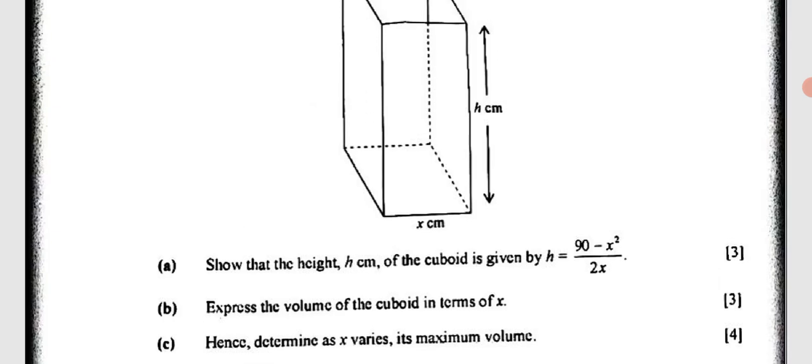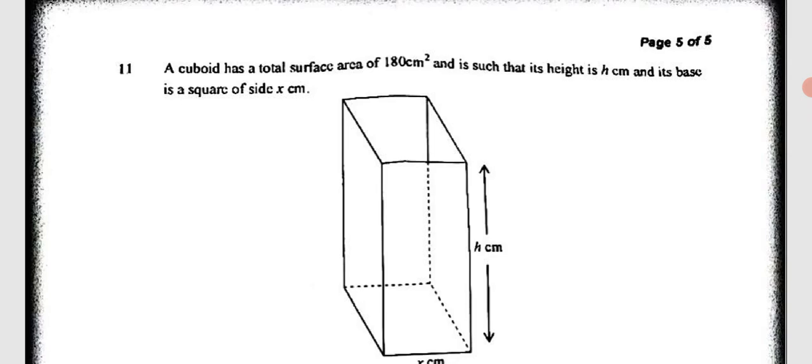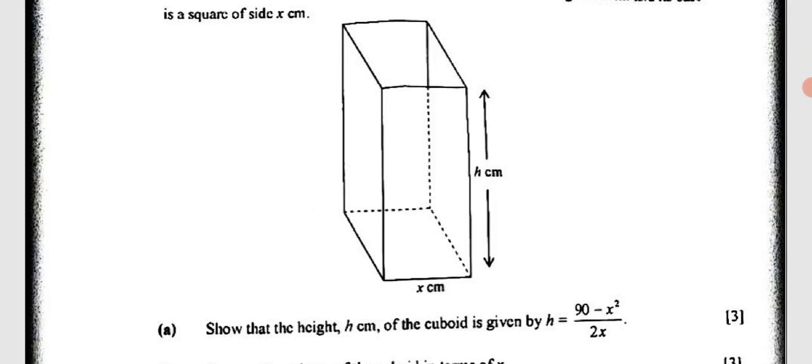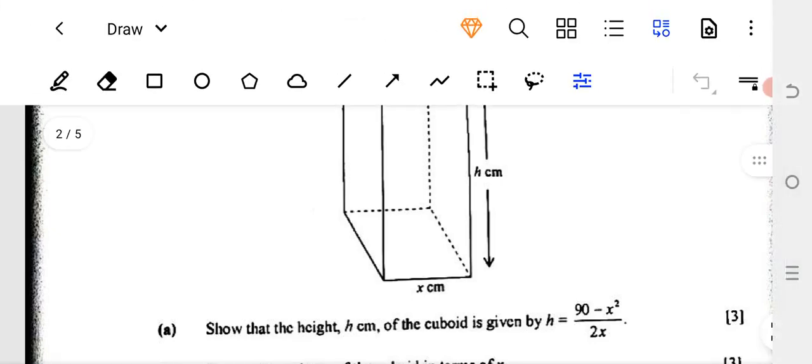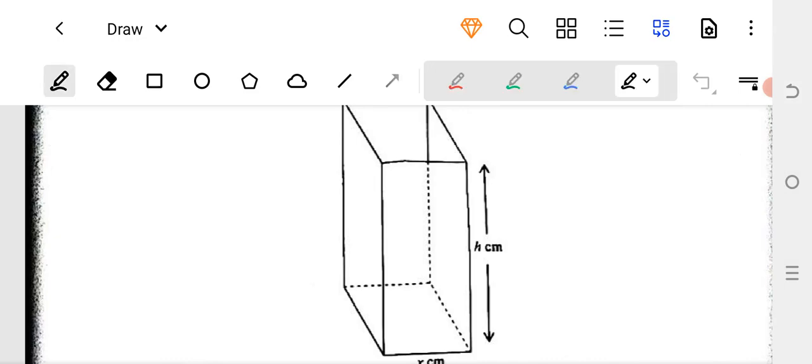Let's start with showing that h is equal to 90 minus x squared, everything divided by 2x. We know that the total surface area of this cuboid is 180 centimeters squared. What are we going to do? First of all, let us find the area of this face here, the face in front.